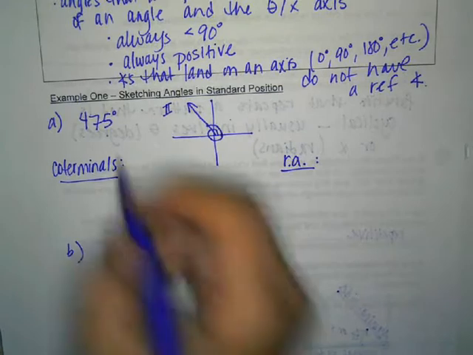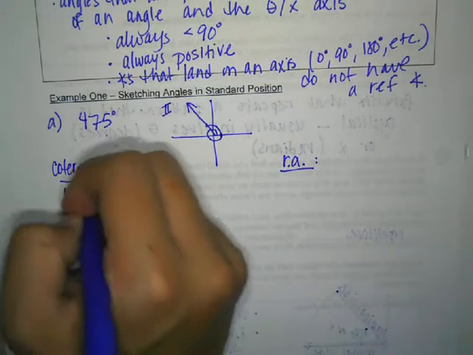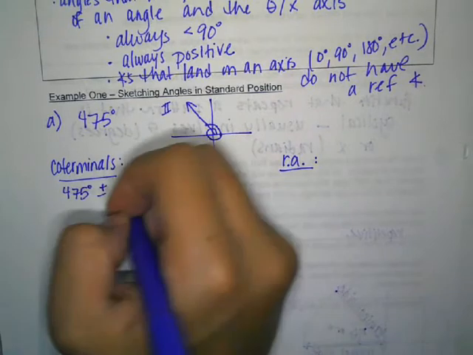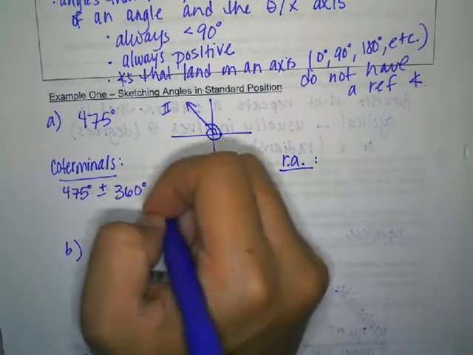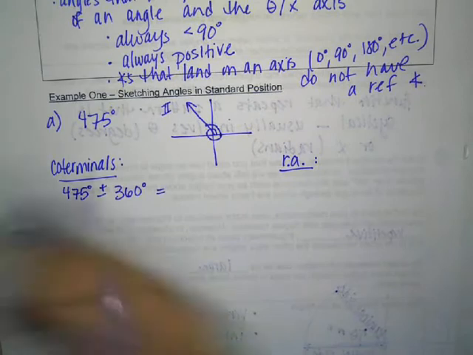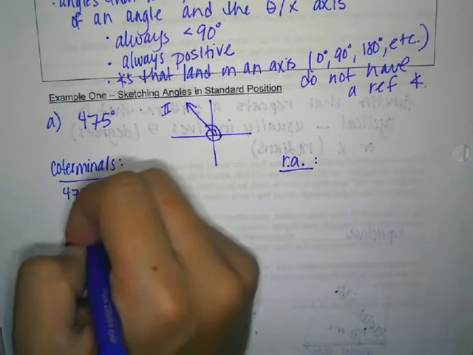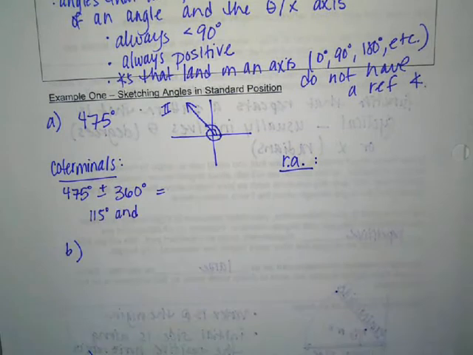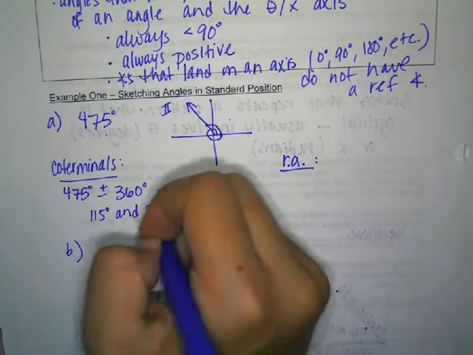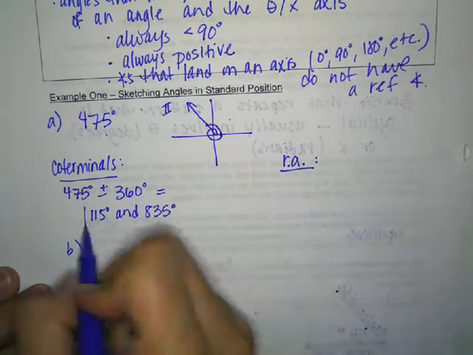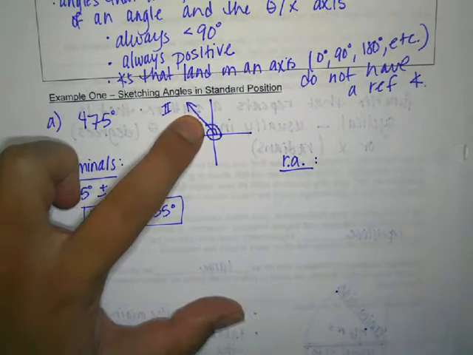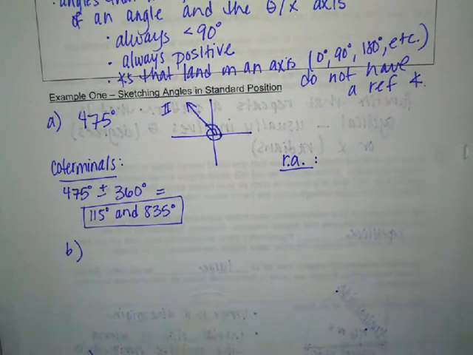Now, coterminals. The easiest way to find a coterminal is to take 475, the angle that you're given, and subtract 360. So I already saw that when I subtracted 360, I got 115. If I add 360, I get 835. Okay, so these are my two coterminals. If I was to sketch either one of those, they would end in the same spot as this angle. Now, reference angle.